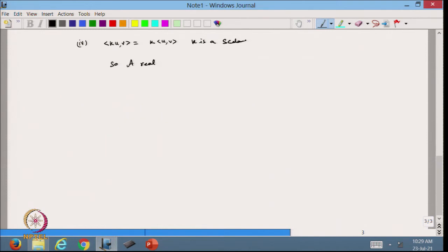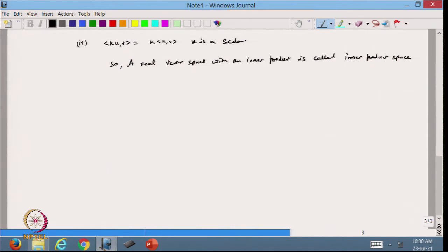And so from here I can write that a real vector space with an inner product is called an inner product space.